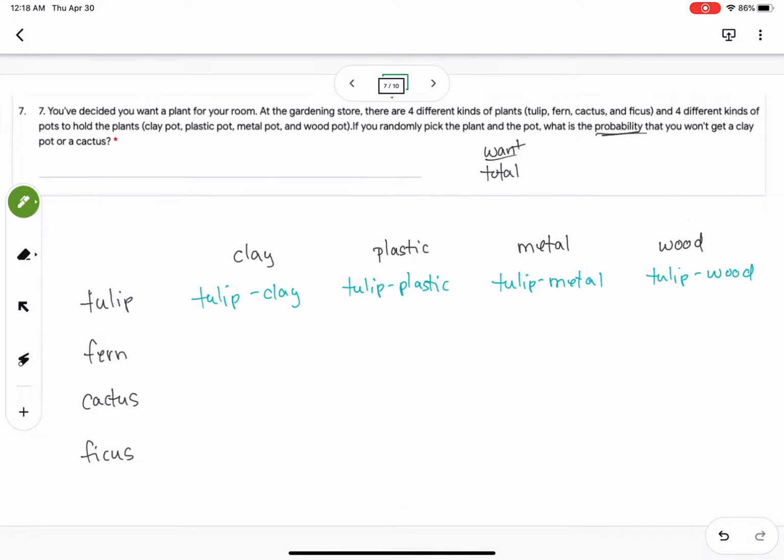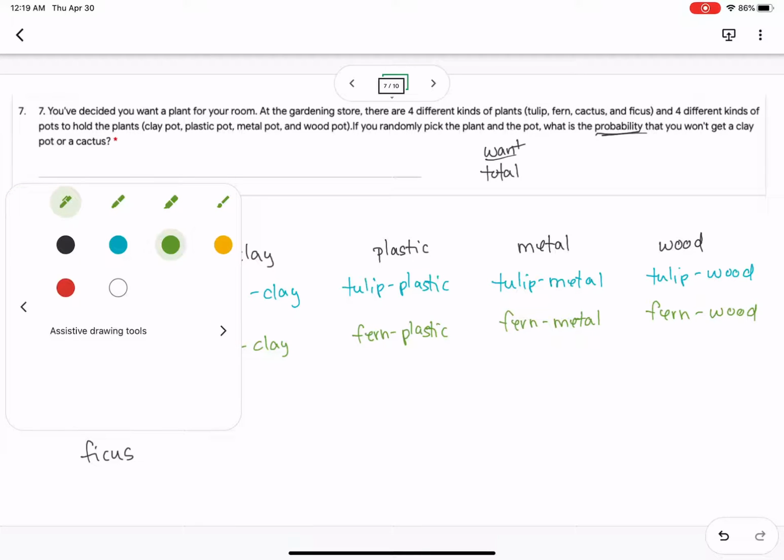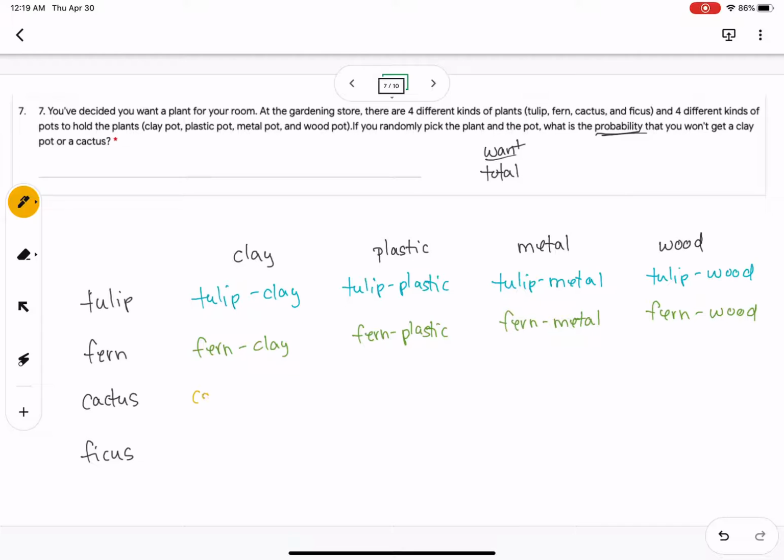So look at the fern. We could have a fern in a clay pot. Fern in a plastic pot. Fern in a metal pot. Or fern in a wood pot. Let's look at the cactus. Could have a cactus in a clay, cactus in a plastic, cactus in a metal, cactus in a wood.